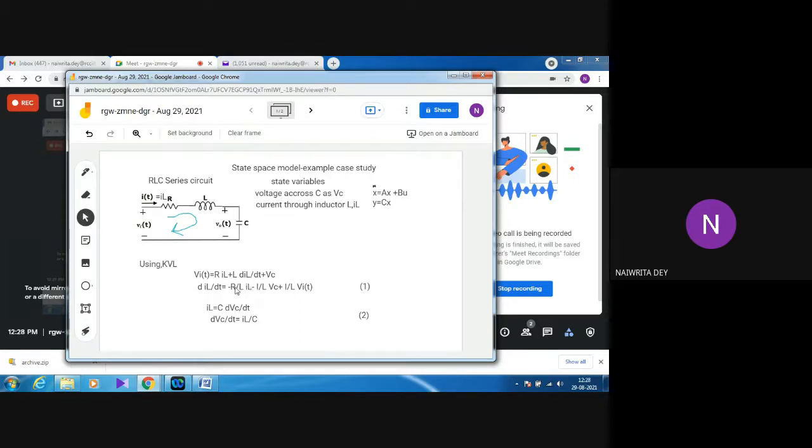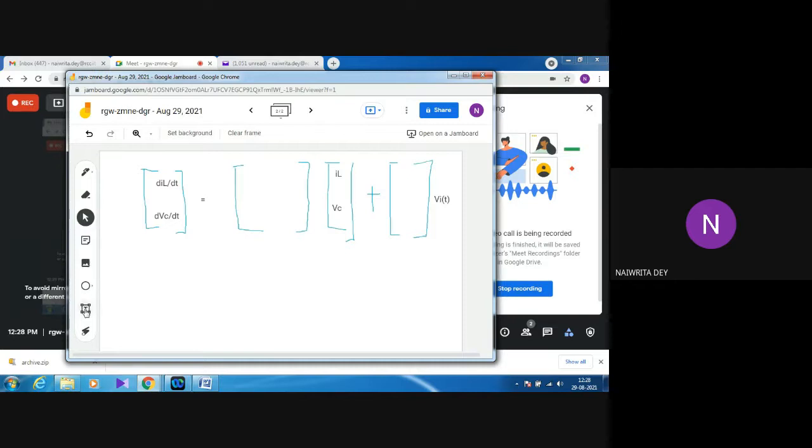That is minus R by L, and for VC it is minus 1 by L. So let's put the coefficient values: minus R by L, and minus 1 by L.